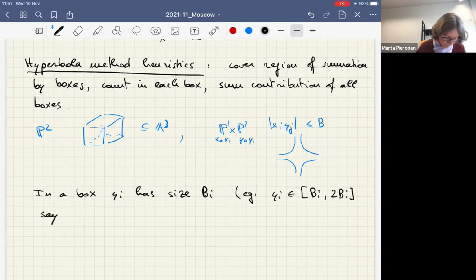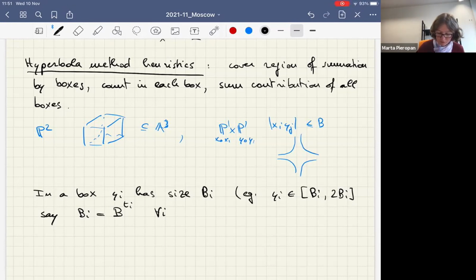And we take the bi's that depend on the bound b that we want to go to infinity. So something like b to the ti, where ti is a positive real number. So ti is going to be fixed for my box, and my box depends on b. So if we enlarge b, I will have a bigger box.